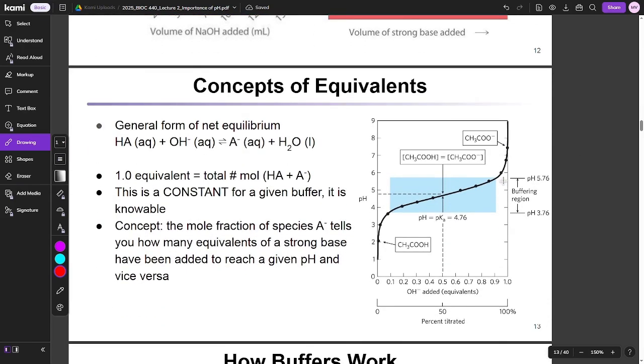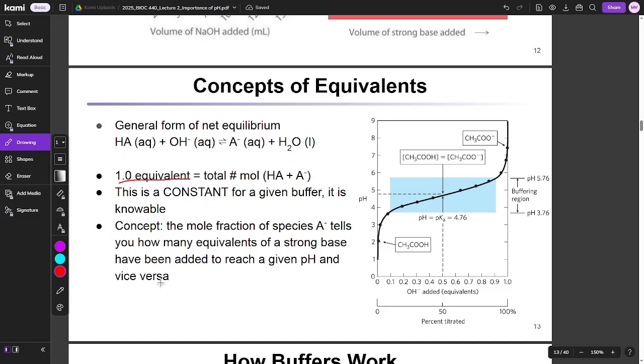You can see here if we move down, we get to the concept of equivalence. One equivalent is equal to the total number of moles of acid plus base. So if you have 0.5 moles of acid and 0.5 moles of base, that means that one equivalent would be 1 mole of said acid base, so 1 mole of hydroxide.